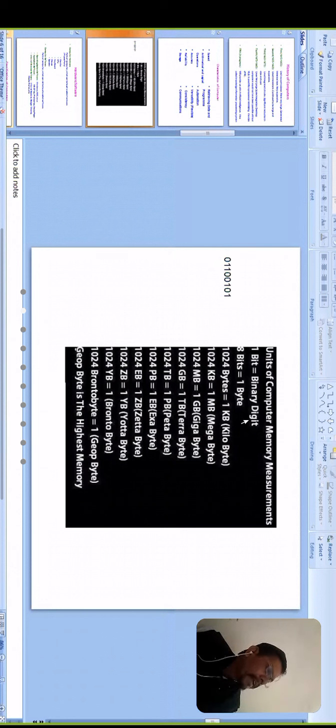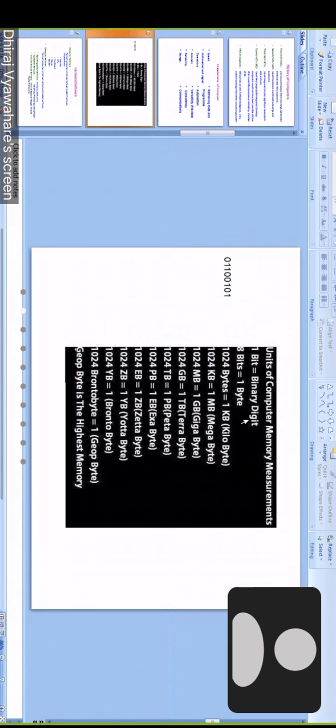Just like that, you are saving the data, you are creating the files, and in those files your data is generated. Automatically, a number of files are generated. That's why you say my drive is full. My C drive is of a particular GB.